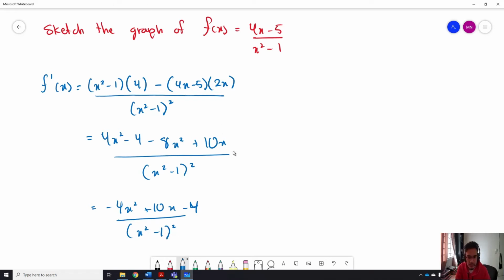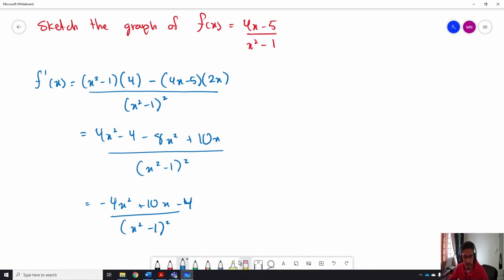So first is to find the stationary point or the critical point. We equate this first order derivative to 0. So we have -4x² + 10x - 4 = 0.